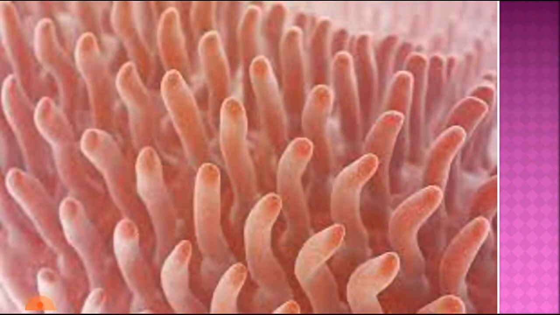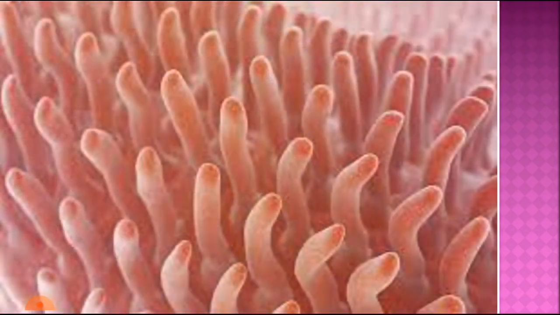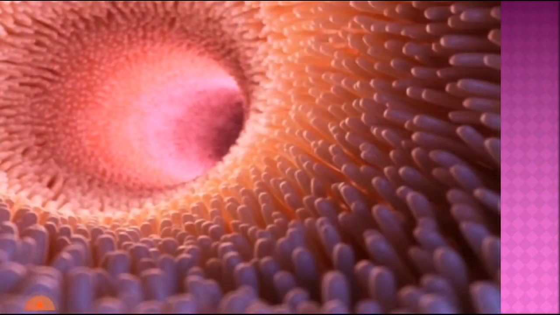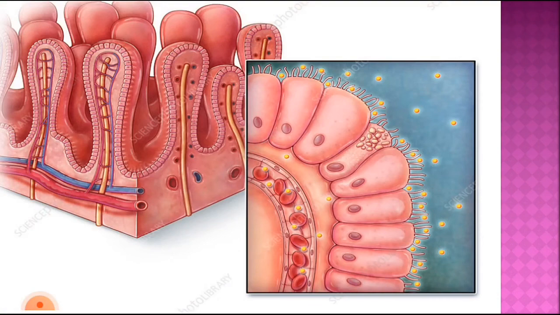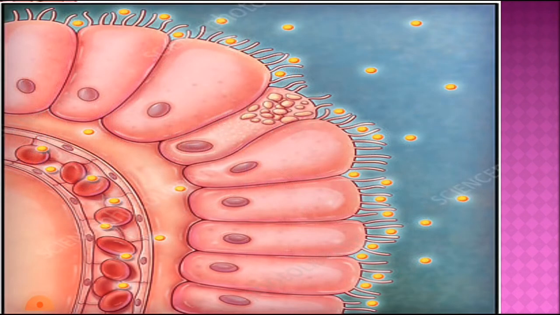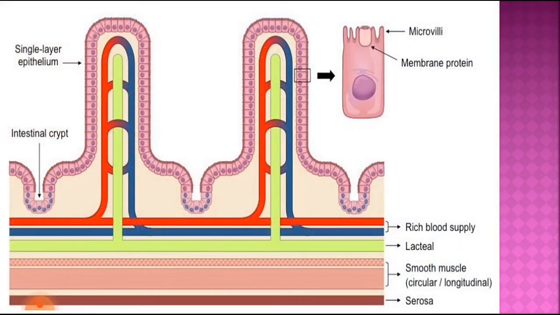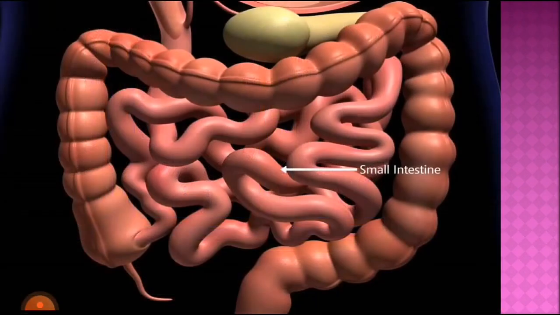The inner wall of the small intestine has numerous finger-like projections called villi. Villi increase the surface area of small intestine to ensure rapid absorption of nutrients. The villi are richly supplied with blood vessels, which help in transportation of nutrients to each and every cell of the body.